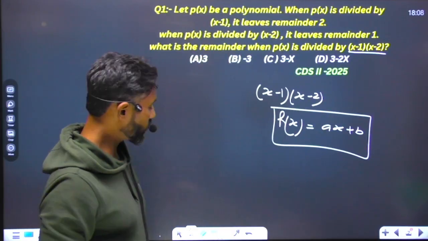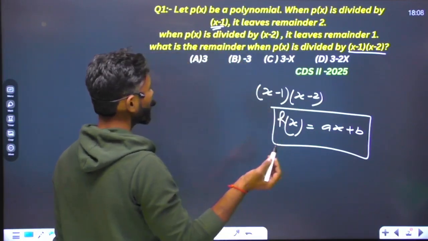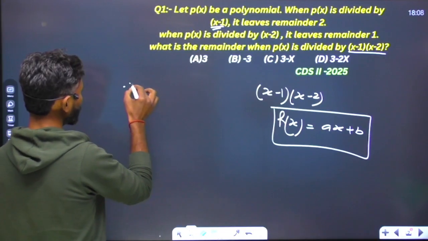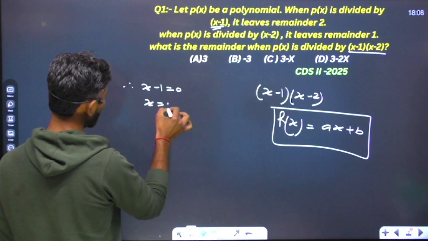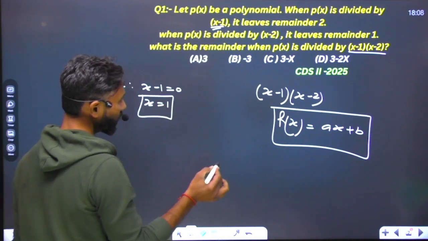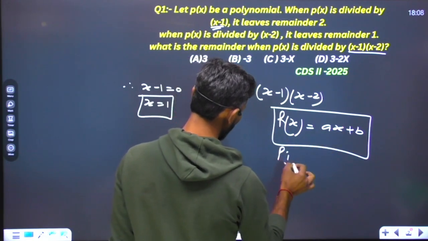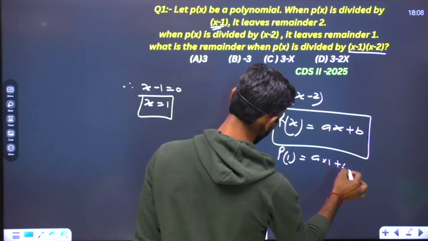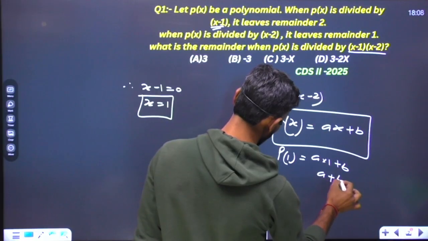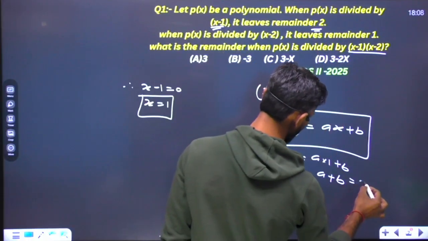Here x minus 1 is the divisor, so x minus 1 equals 0, so x equals 1. Placing x equal to 1, p(1) will be a multiplied by 1 plus b, which is a plus b. The remainder is a plus b, and a plus b equals 2 because 2 is the remainder.